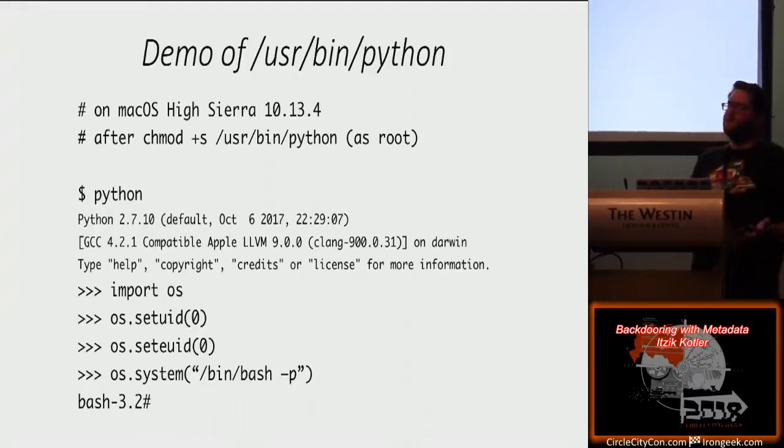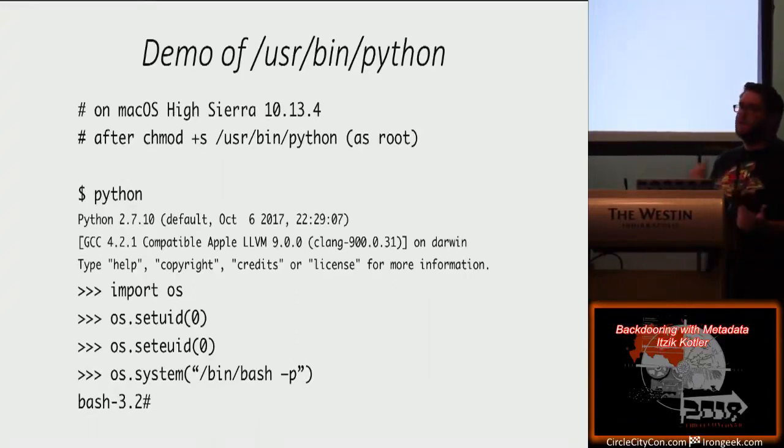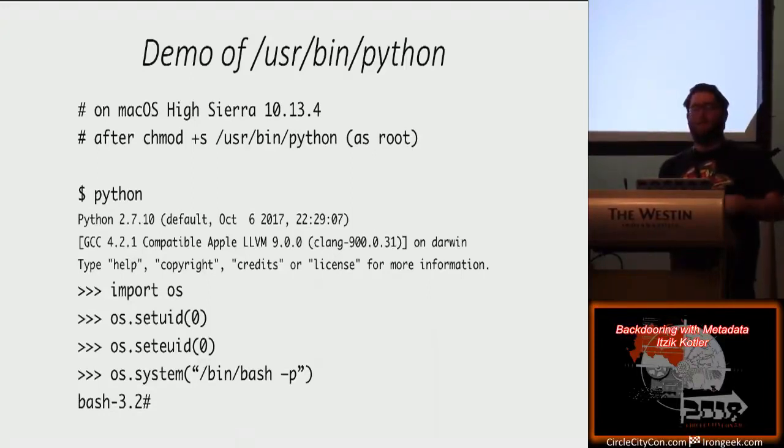And one of the things that you can do is ask that program to run another program. That's very viable, that's a very logical thing to do. And so in this example, what we're doing is taking the Python interpreter on that system, and we are adding the setuid bit to it.